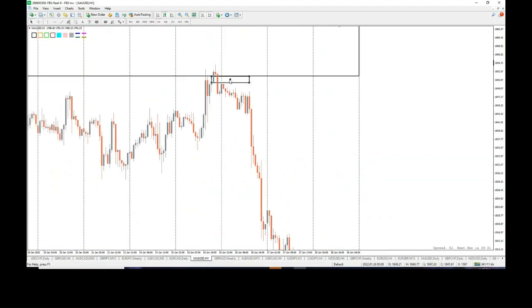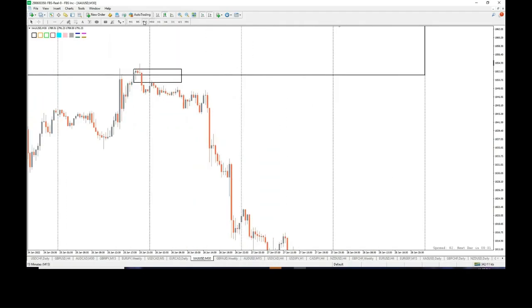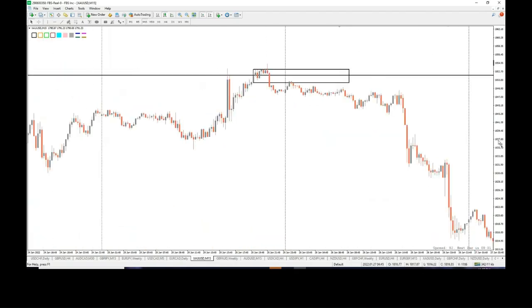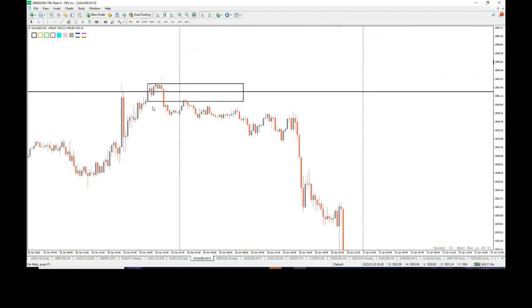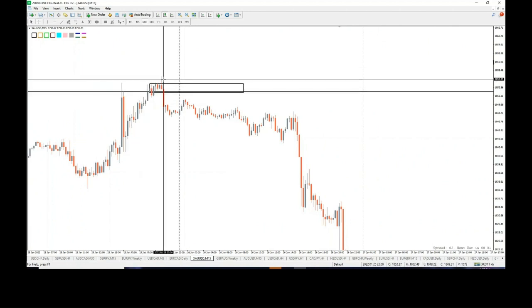Is there any entry right here? Nice. But I don't take this entry. I enter right here. Why? Because I'm using M15. The price is making engulfing sell, it's going up right here.